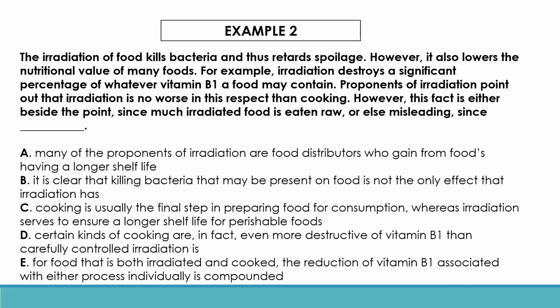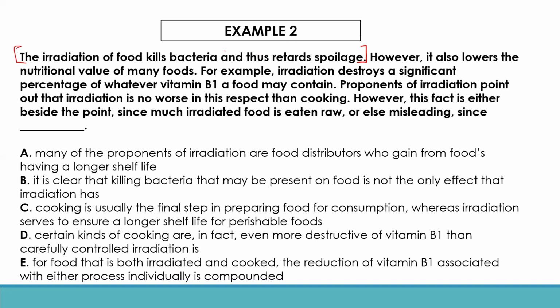So this paragraph is communicating to us the whole concept of irradiation and also cooking food and the effects they have on the food itself, right? We are told that irradiation, although it kills bacteria and retards spoilage, that is the first point presented in the first sentence.